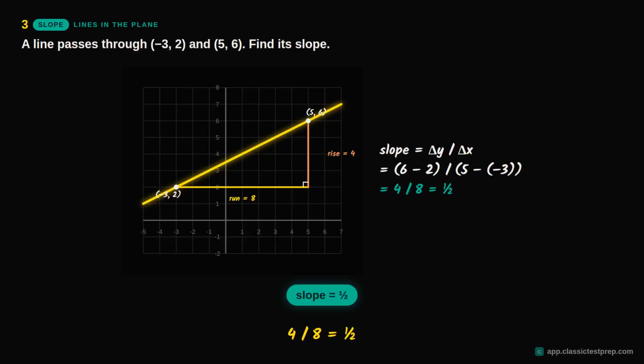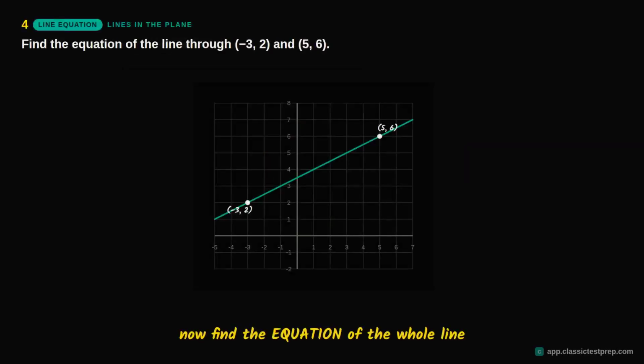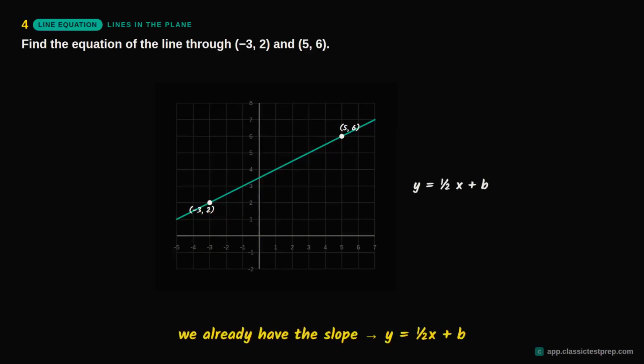Now, what if we were given those 2 points and asked to find the equation of the entire line? So we just found the slope. If we put it in y equals mx plus b form, we have y is equal to 1/2 x plus b. Now we need to know what b is, and we need a way to find it. Well, we already found the slope, and we know what x and y values are. We were told that when x is equal to -3, y is equal to 2.